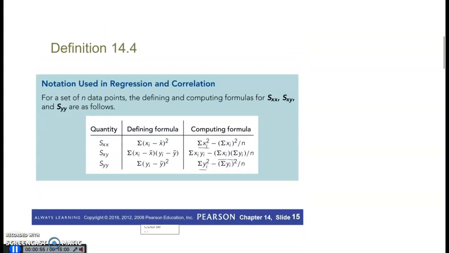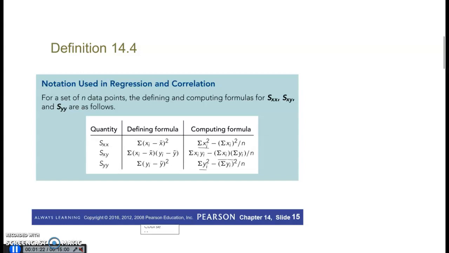So the formulas we're going to start with are Sxx, Sxy, and Syy. They're kind of computational intermediaries, and they don't have any direct interpretation on their own.